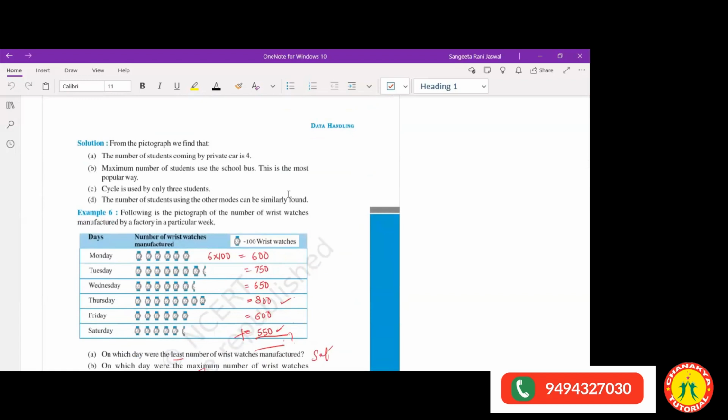We can do it by bar graphs, we can do it by pictograph also, we can do it by tally marks also. So tally marks is representing the data in terms of lines. We make 4 lines, and when we reach the fifth one, it is slanting. That means we make it into groups of 5. Okay? Yes or no? Yes, ma'am.